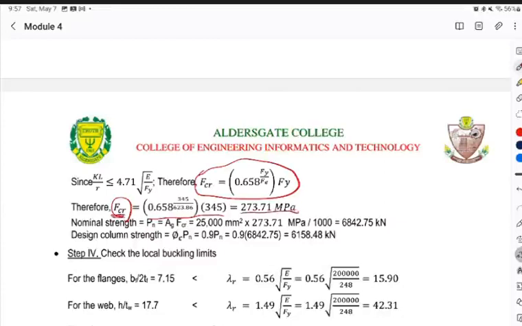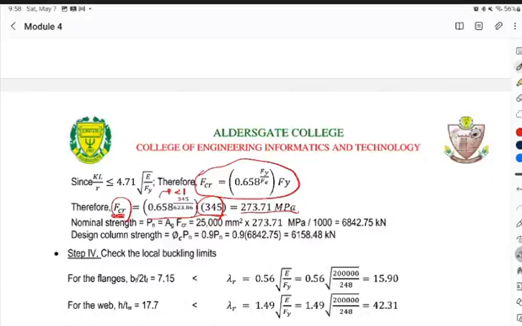And ma-determine mo na it is always less than or equal to 1 of our Fy. Okay? Itong ratio kasi na ito is less than 1 eh. Okay? So it is 273.71.